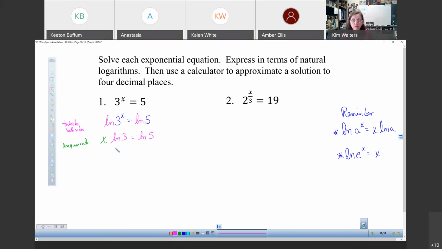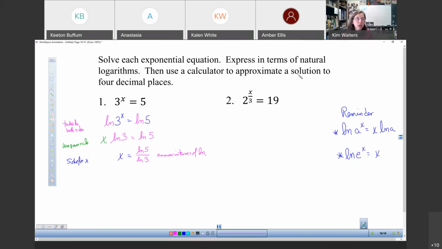So the last step of this is to solve for x. And that means I'm going to get x is equal to the natural log of 5 divided by the natural log of 3. This is my answer in terms of the natural logarithm, okay? So this is going to be my first answer.